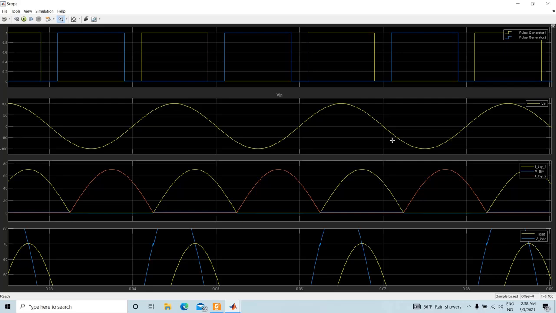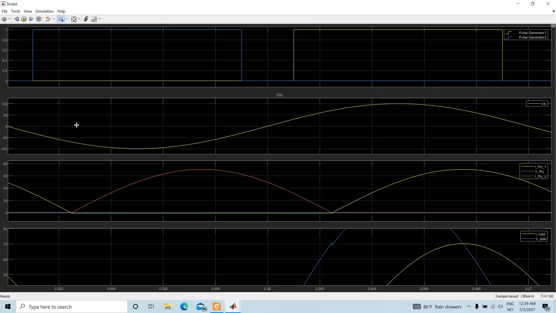So the output current does not depend on the firing angle alpha. If you look at the firing angle here, the firing starts here, but the thyristors start conducting at theta.